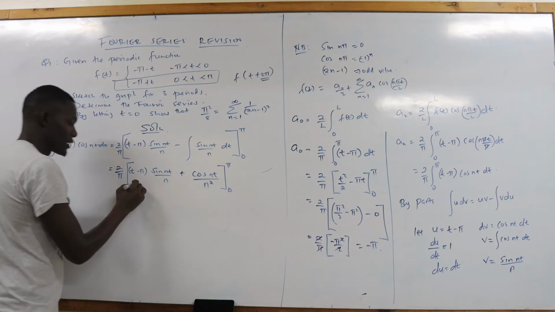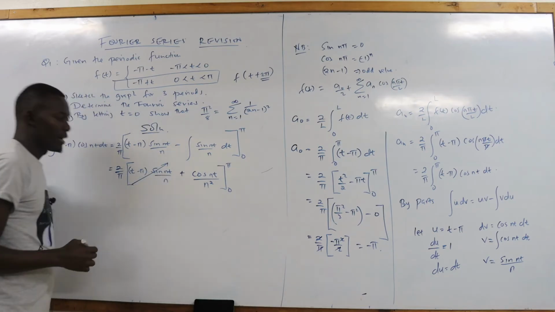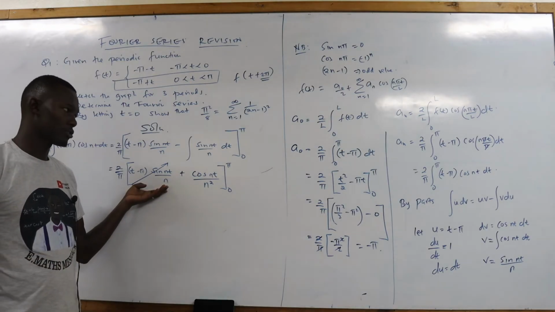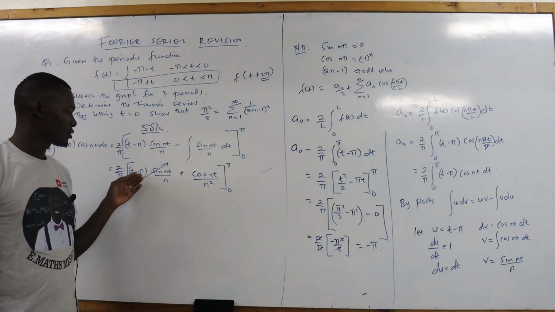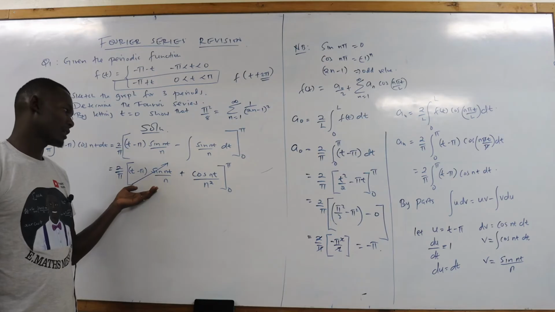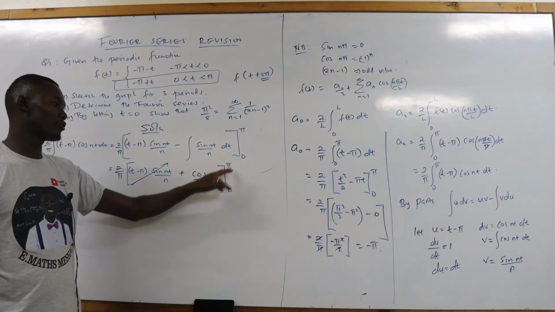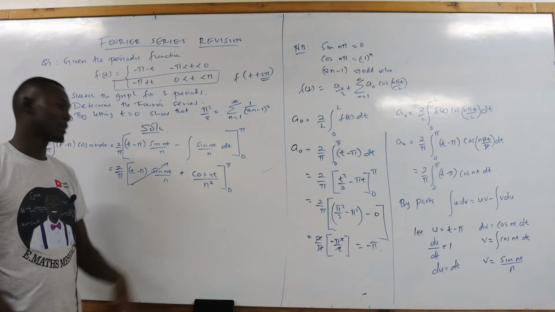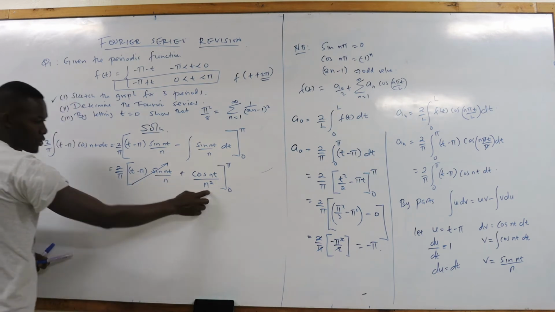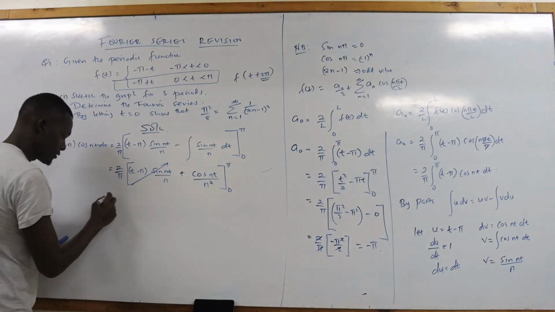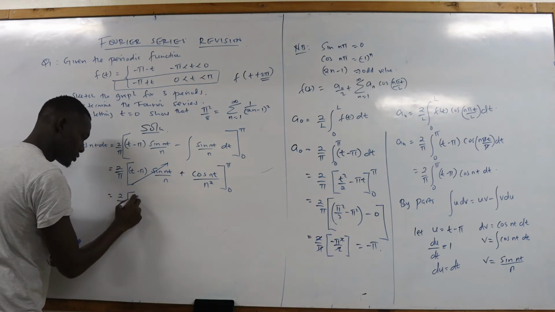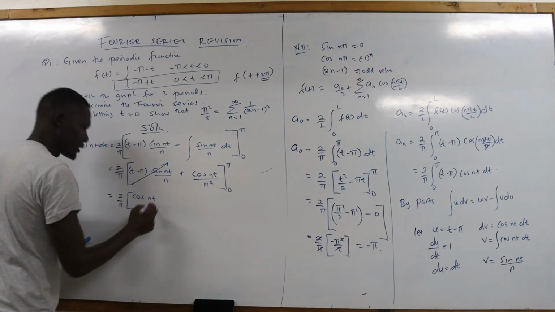But now we are saying at no point will you have the sine function or the sine series, so this one you can just cancel. But all the same, even if you replace your limits, this part here just becomes 0. So we only remain with this part. We'll have 2 over pi, then cos nt.